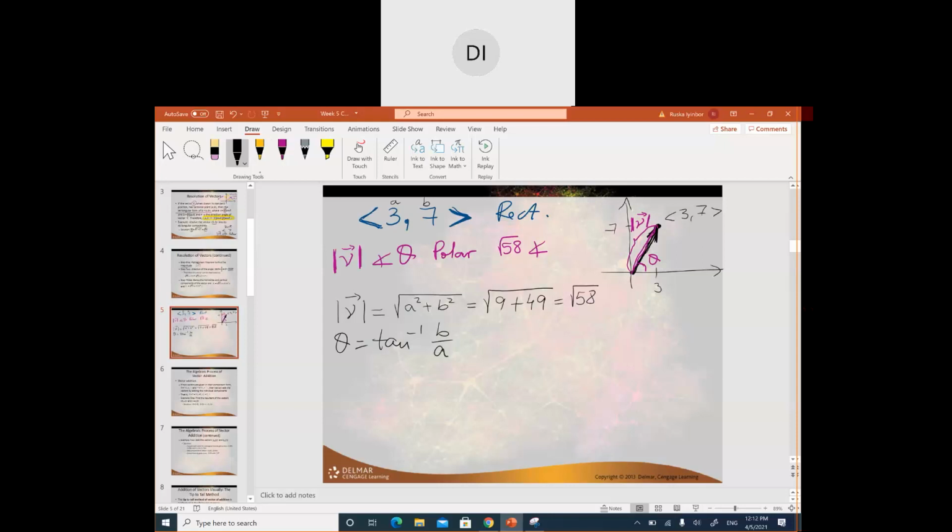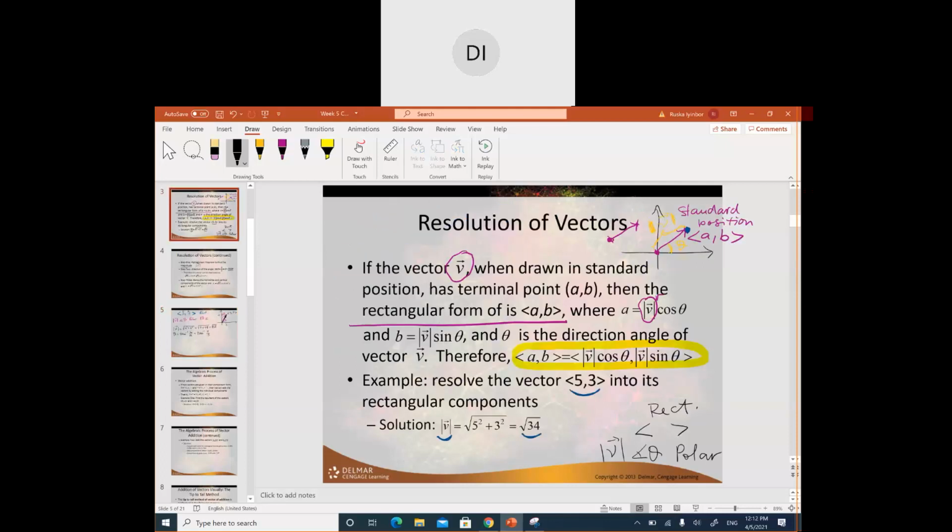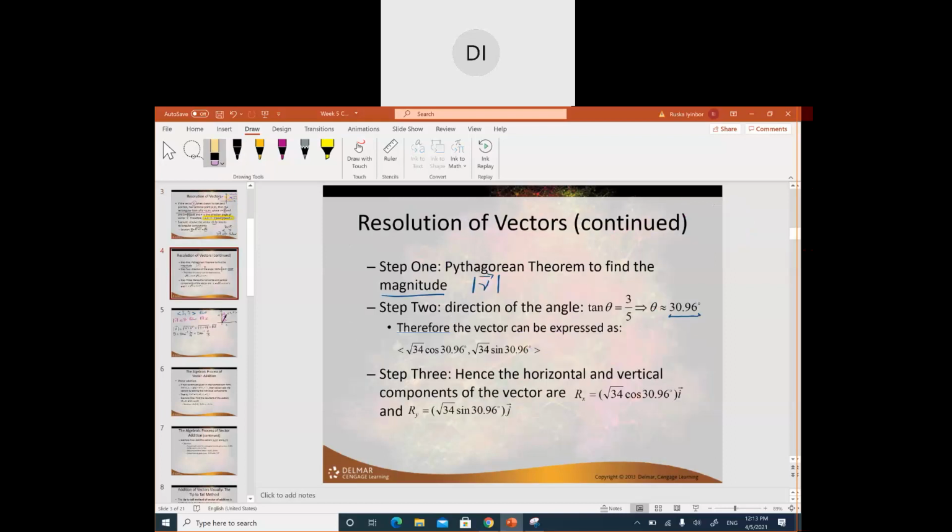This is the formula you're using, and I'm going to use the calculator to find it. That's what I put in the calculator: tangent inverse, B is 7 and A is 3. See, it's the same as what I have here. They have a square root over here, you see? The square root of the first squared plus the second squared gives me the magnitude. It's exactly what we have here, right? And the other one is finding the angle, and this is what they have in the calculator. And from the calculator, they get this angle.